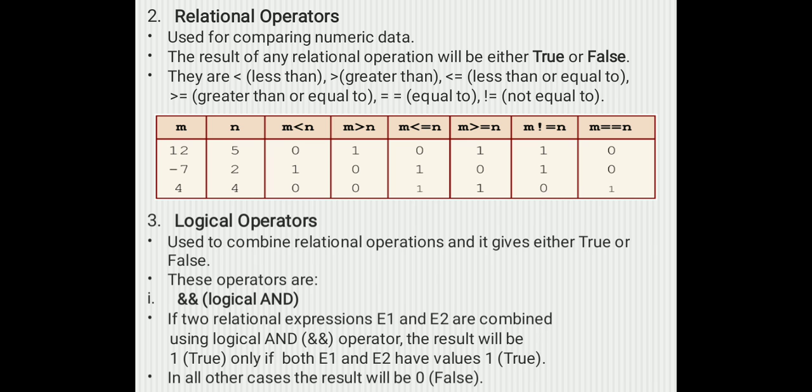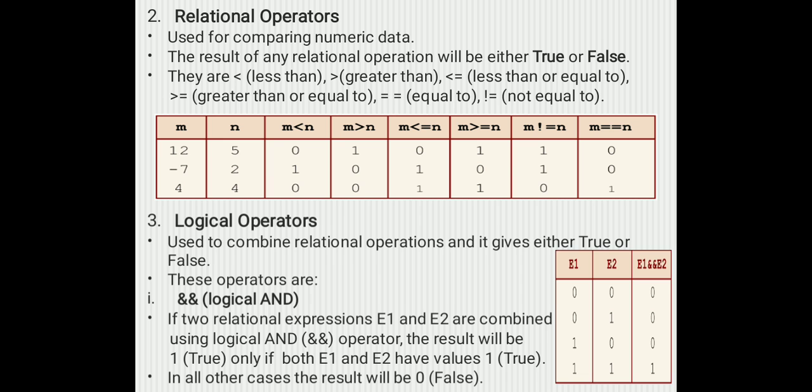We already discussed the logical AND operator in chapter 2, and the same result is produced here. 0 and 0 is 0, 0 and 1 is 0, 1 and 0 is 0, 1 and 1 is 1. If any of the expressions is false, the result will be false. If both are true, the result will be true.